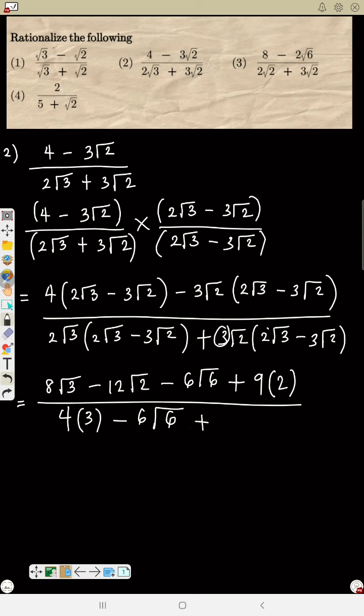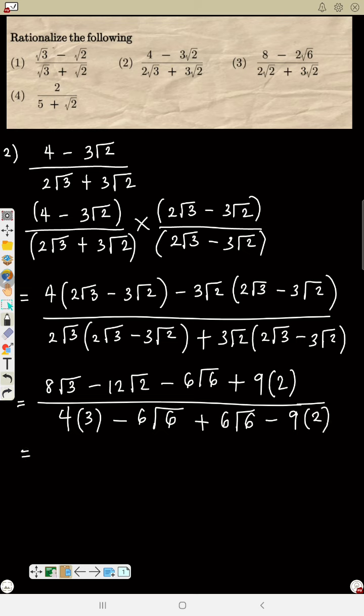Plus 3 times 2, 6, square root of 2 times 3, 6. Minus 3 times 3, 9. Then square root of 2 times square root of 2, that is square root of 4. So that will give me 2.